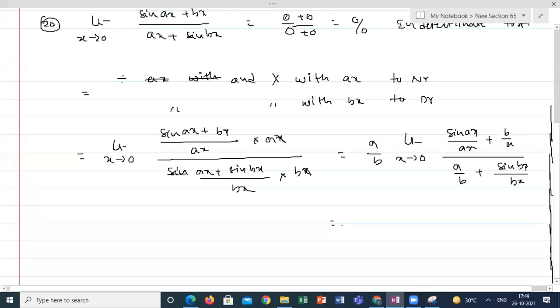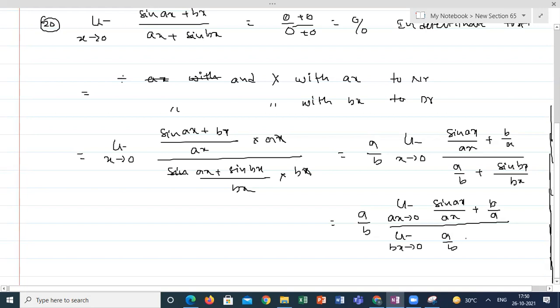If I'm substituting the limit, what will you get? A by b, numerator limit ax tends to 0, sin ax by ax plus b by a, divided by limit bx tends to 0, because x tends to 0, bx also tends to 0, a by b plus sin bx by bx.